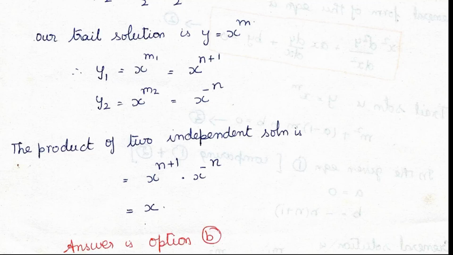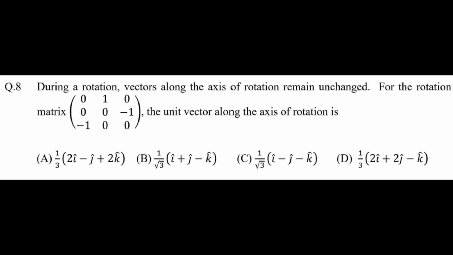In the question, they have asked us to find the product of two independent solutions. Now we have to find the product of these two solutions, that is x^(n+1) into x^(−n). Then we will get x. Answer is option B.